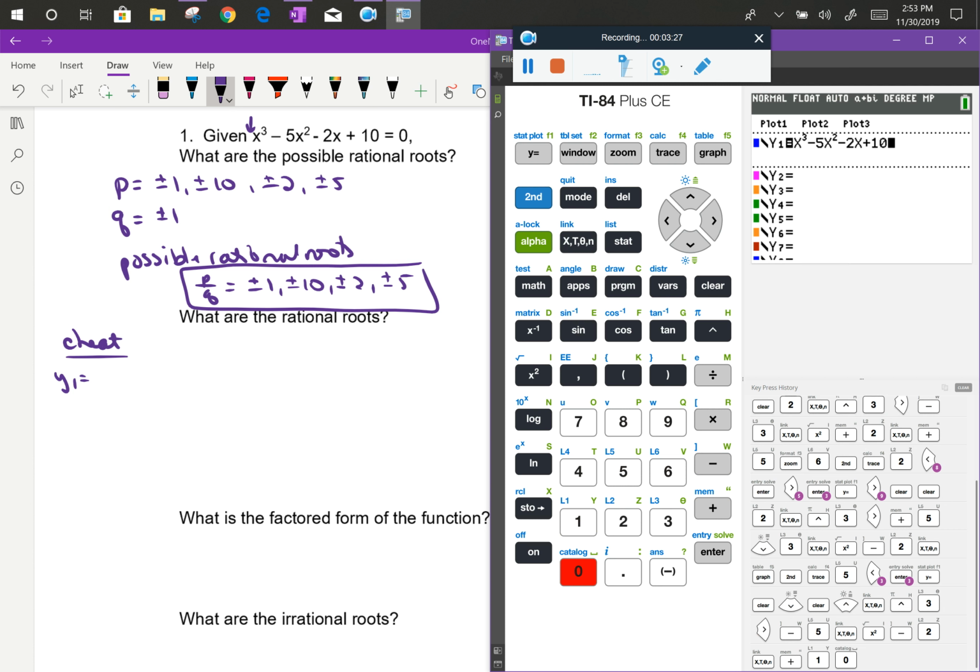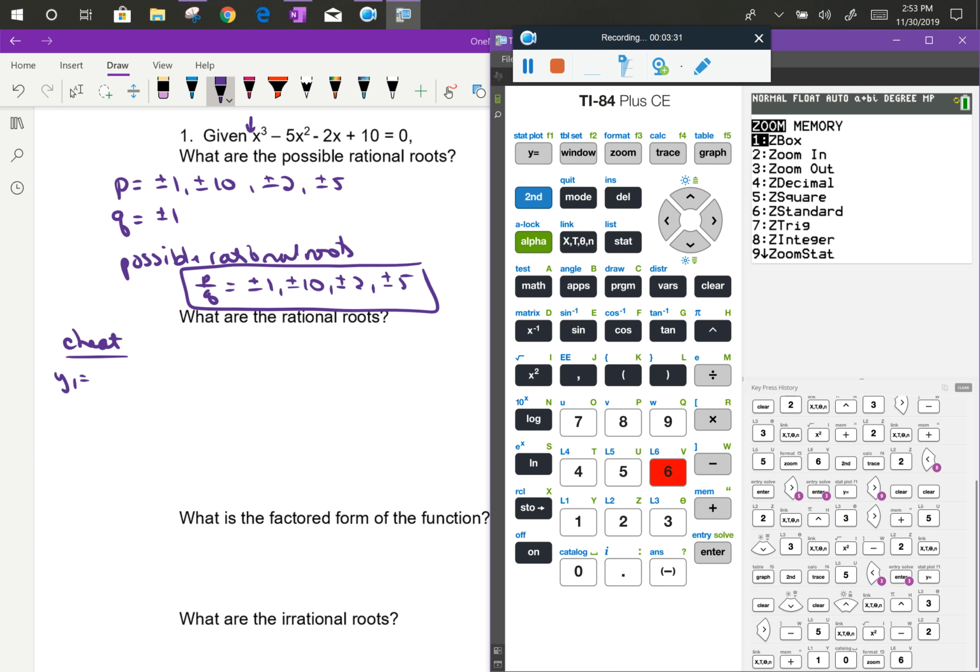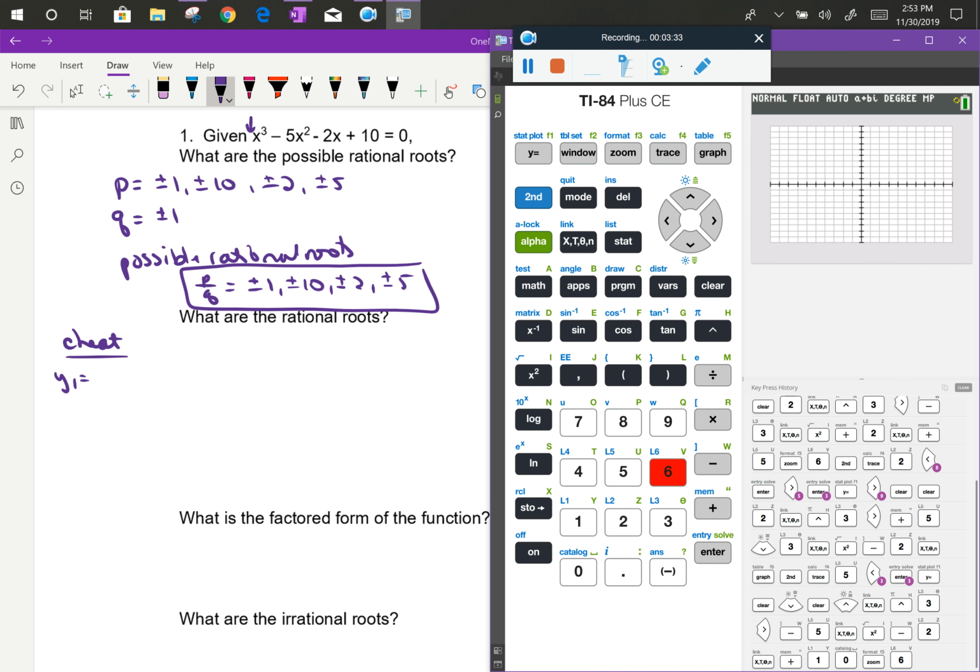Now, I don't really know what's the best window, so I'm going to choose Zoom Standard. And I realize I can't see maxes and mins. I don't care about any of that in this problem. All I care about is what's happening around the x-axis.